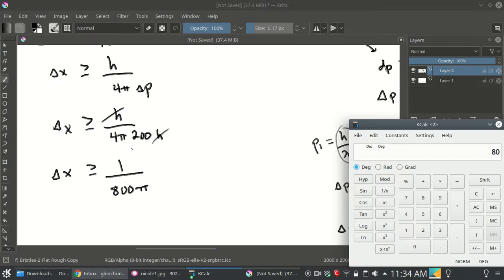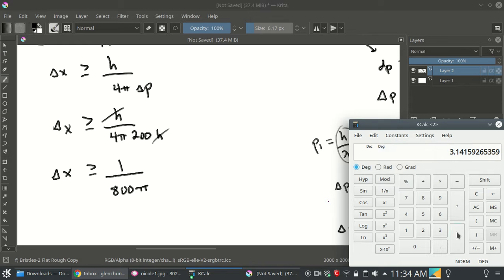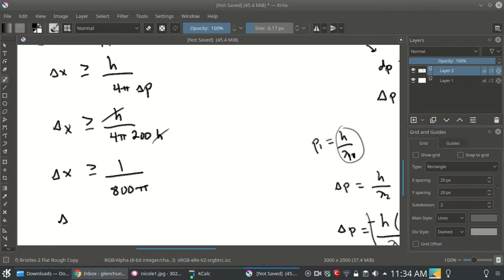1 over 800 over pi. I think I have a pi here somewhere. Constants, Mathematics, Pi. Okay, there it is. So I'm getting 0.0004 meters. So the uncertainty in position is at least 0.0004 meters.